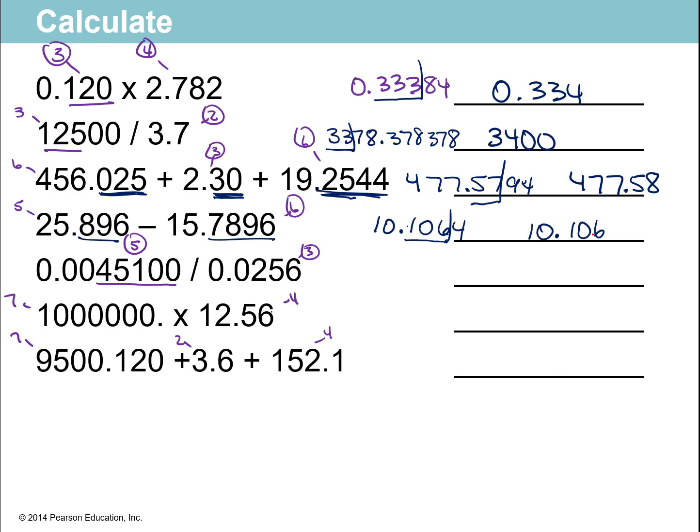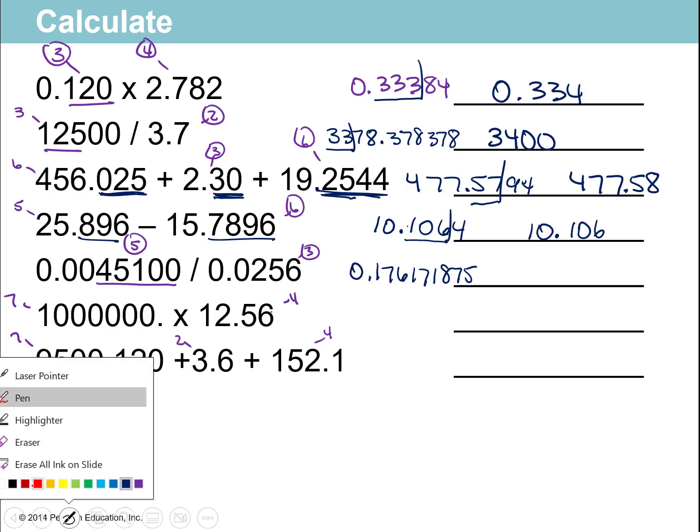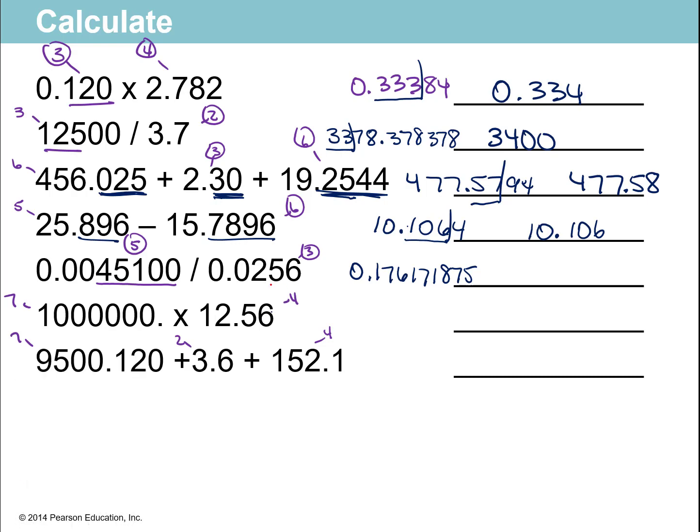It's another 10-digit number, right? You've got a whole lot of digits. So what do I have to round this to? I have to round it to 3. See that I have 3 in the denominator, so I'm going to round my answer to 3.